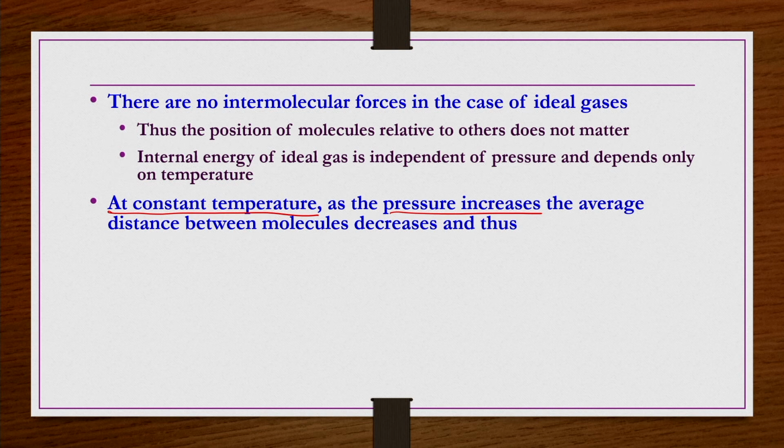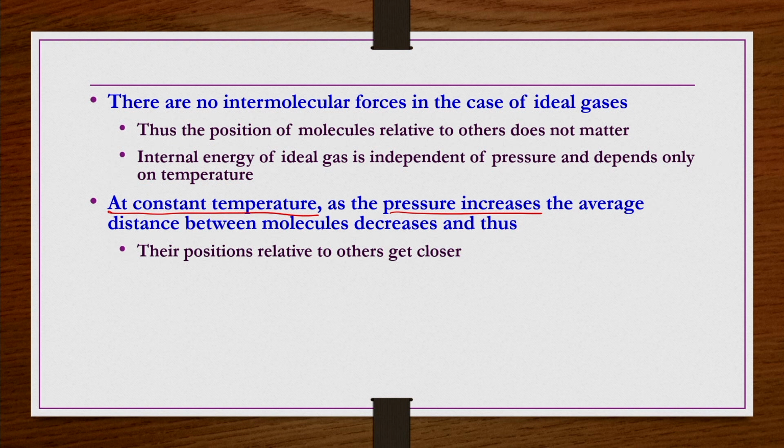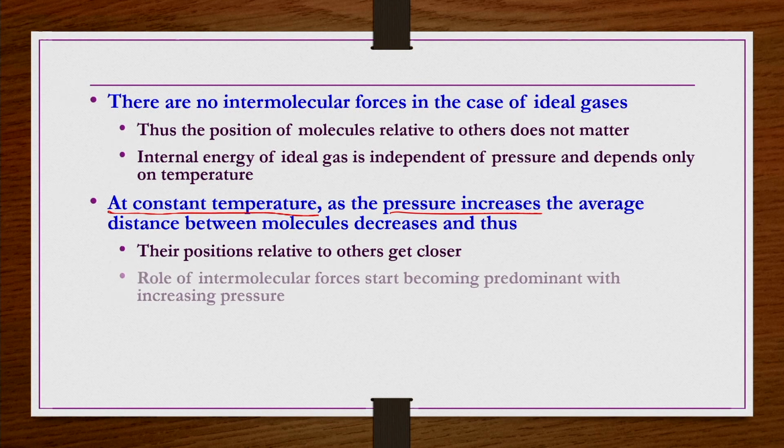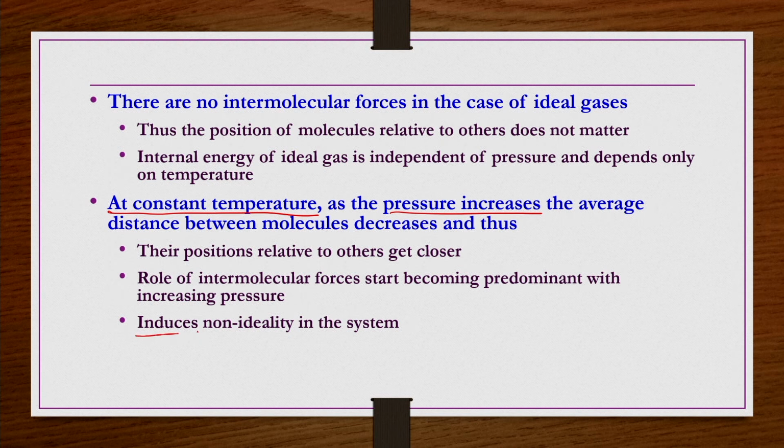If you increase pressure more and more, they come very close to each other, and the molecules start to experience intermolecular forces. Their positions relative to others get closer, the role of intermolecular forces becomes predominant with increasing pressure, and thus it induces non-ideality in the system.